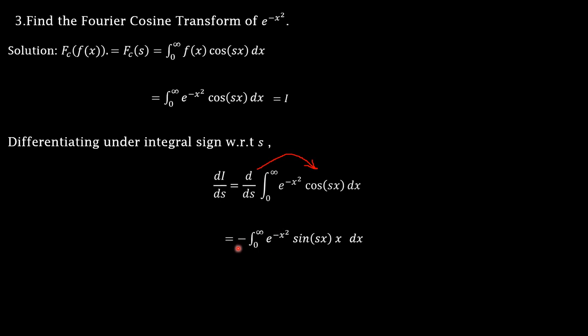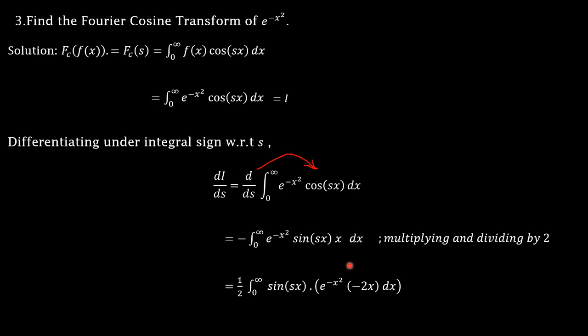It is minus sin sx into x dx. Now multiplying and dividing the integral by 2 and rearranging the terms, the above equation reduces to the form 1/2 integration 0 to infinity sin sx into e to the power minus x square into minus 2x dx.